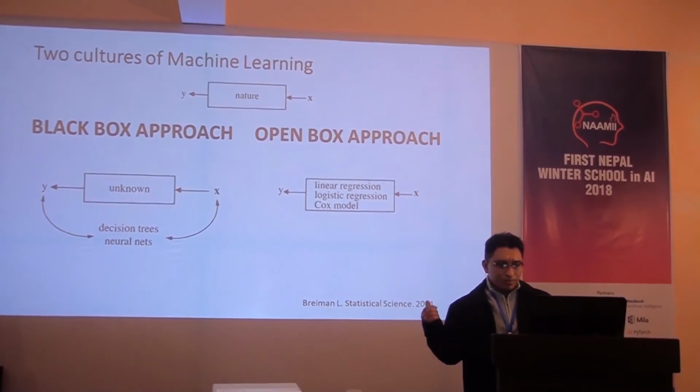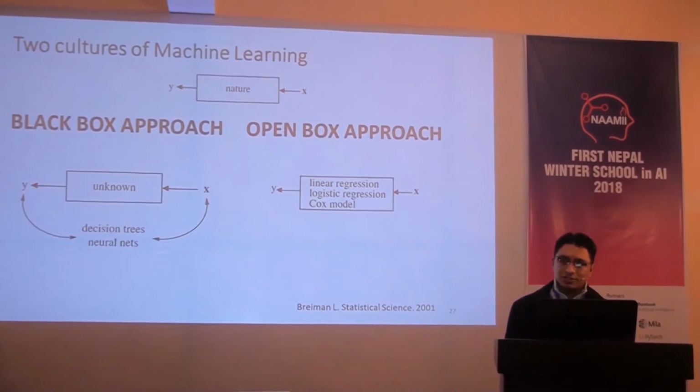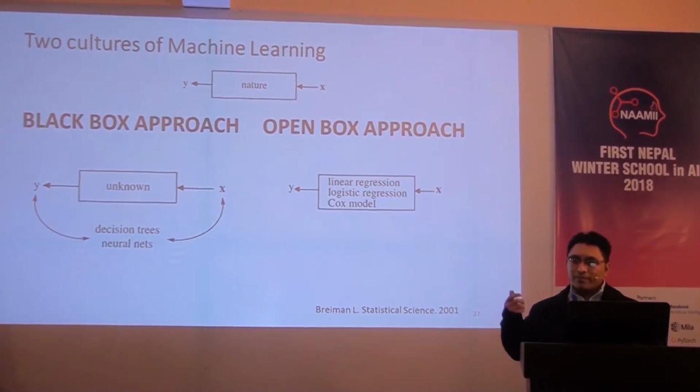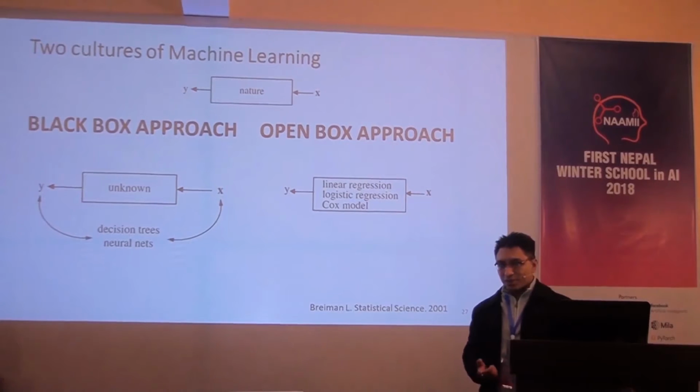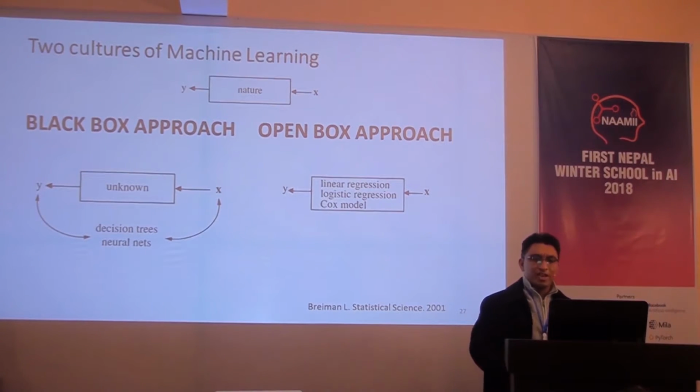But what I'd like to especially highlight is two different cultures of machine learning. One is the black box approach, one is the open box approach. I think you are all very familiar with this.